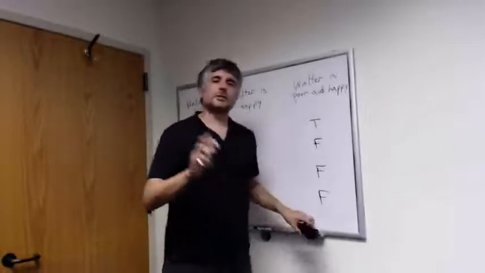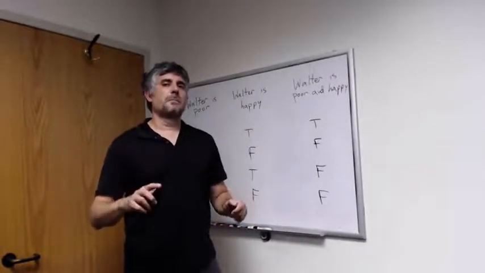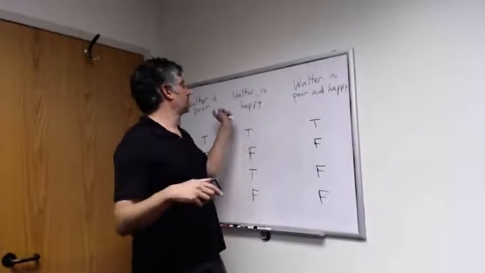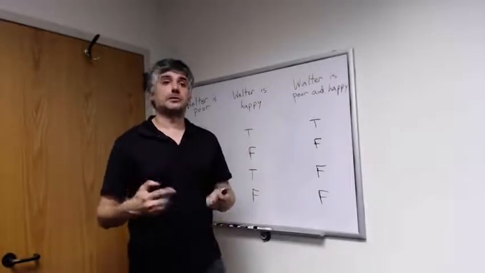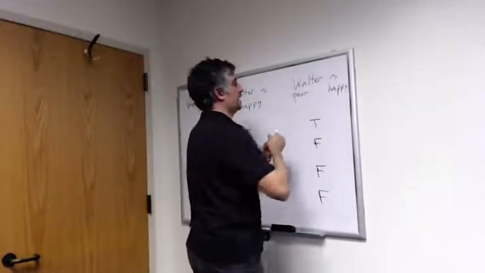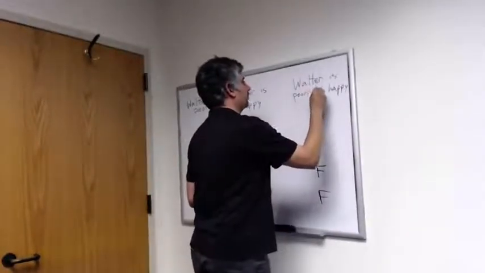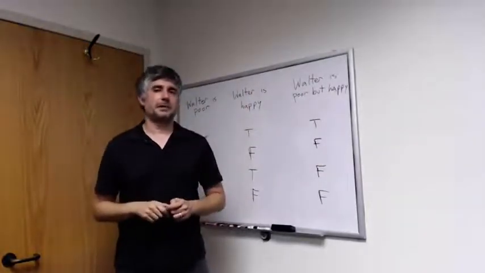So let's compare that to the proposition that we get by combining Walter is poor and Walter is happy with the connective but. Walter is poor but happy. Now, when is it going to be true to say Walter is poor but happy?